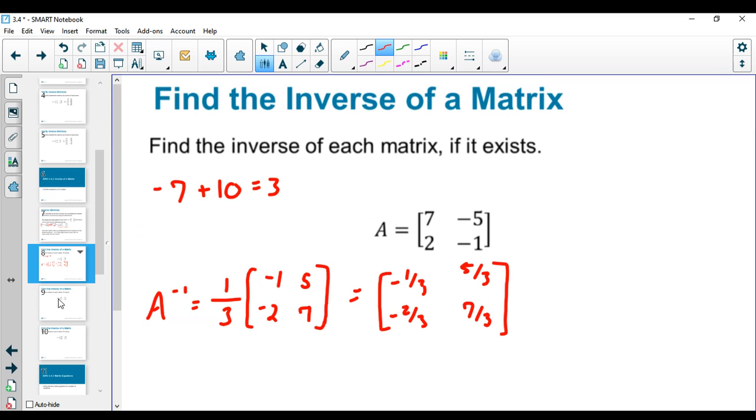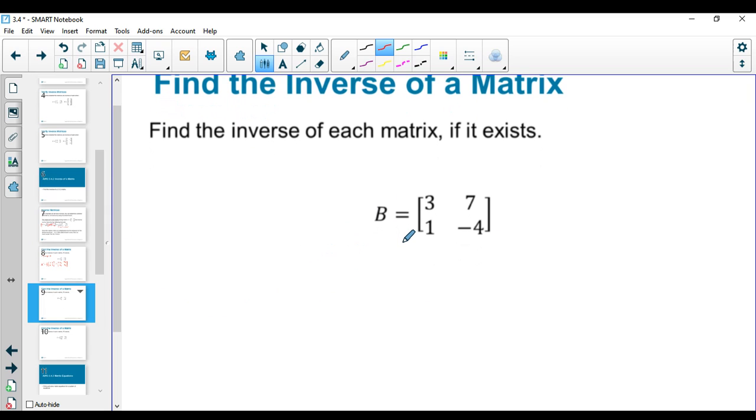All right. So our next one here, same thing. To find the inverse matrix of B, we need to do 1 over the determinant of B, which the determinant of B is going to be 3 times negative 4, which is negative 12, minus 7 times 1, which is negative 19, right?